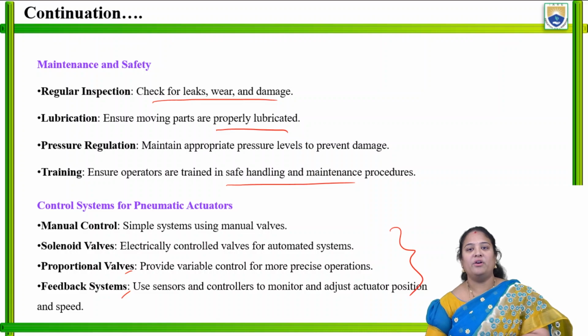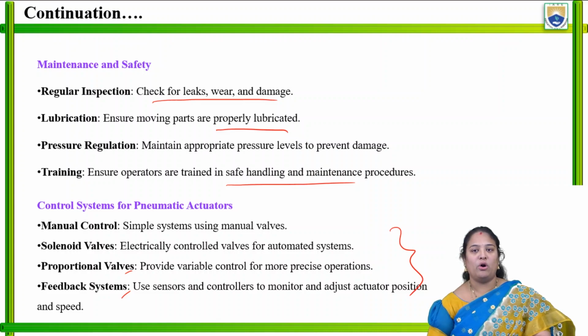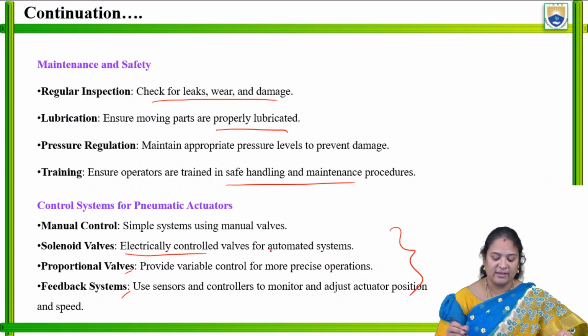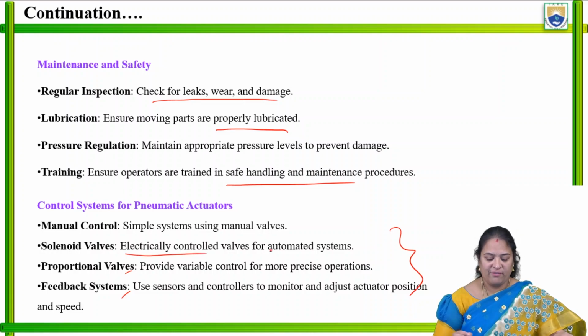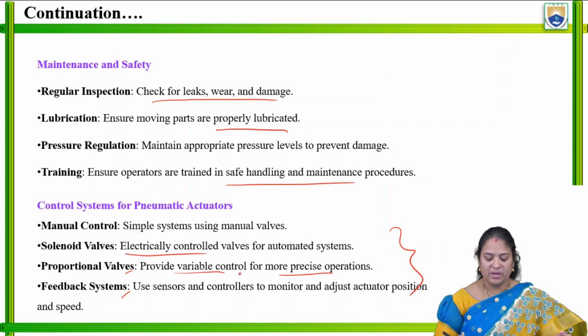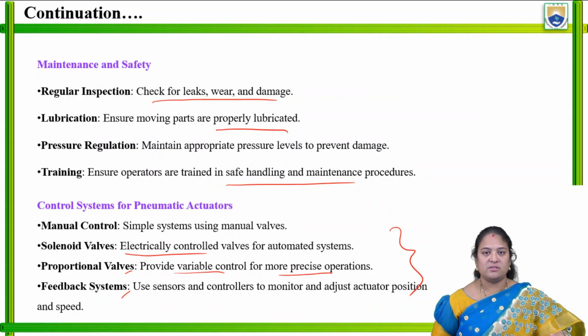Generally, in order to control the valve in an automated system, we need an electrically controlled valve. Whereas for more precise operation, we provide variable control systems. In that way, we need to support these control systems for the pneumatic actuator.